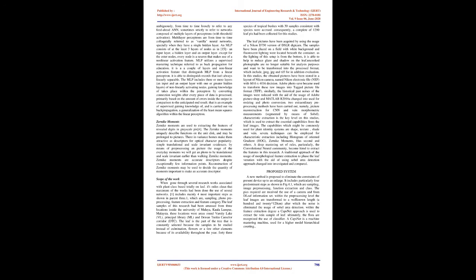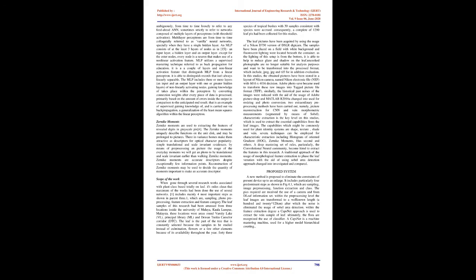Multilayer perceptron. A multilayer perceptron, MLP, is a class of feed-forward artificial neural network, and the term MLP is used ambiguously, sometimes loosely to refer to any feed-forward network and sometimes strictly to refer to networks composed of multiple layers of perceptrons with threshold activation.